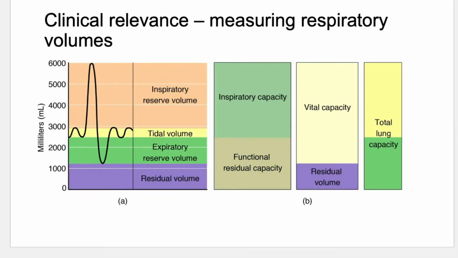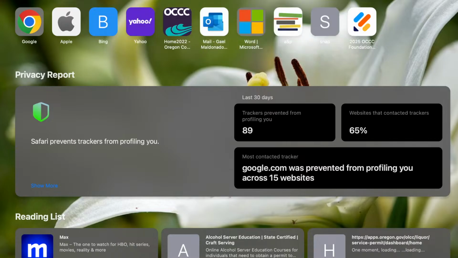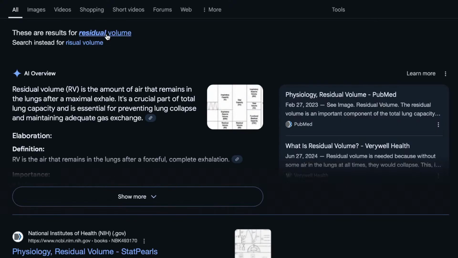All right, so residual volume is that air that's stuck, but of course there's still some air in your trachea. I'll have to ask about this just because I'm not 100% sure here. Here, I'll just look it up. Residual volume, get a clear answer.